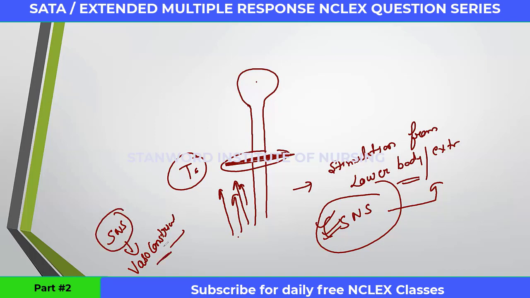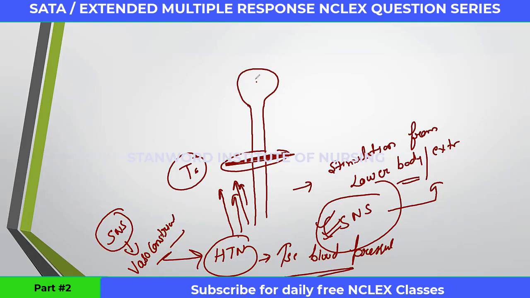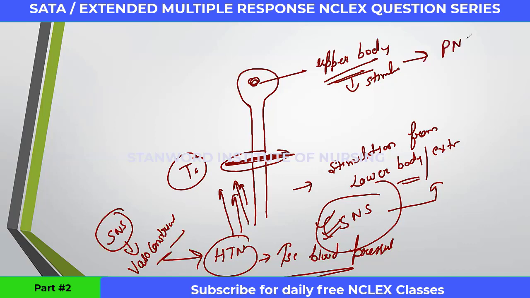So we easily know, if there is vasoconstriction, there will be directly the condition of hypertension, or we can call it increased blood pressure. So with the condition here, increased blood pressure and vasoconstriction, the upper body will stimulate the parasympathetic nervous system.